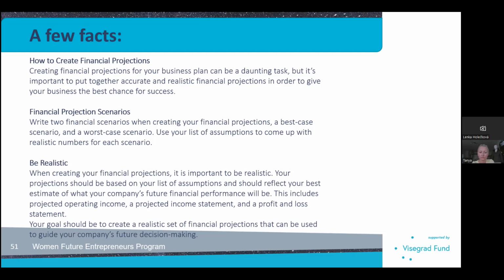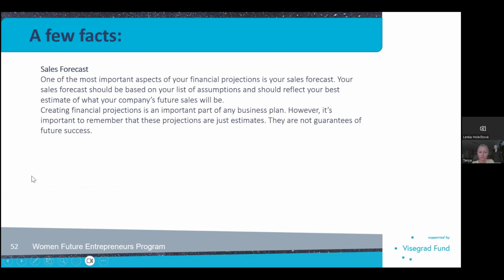So we should be realistic, but it's fine to think also about a pessimistic and an optimistic scenario. It is not easy to create an appropriate financial projection, but it's relatively useful for our investor or for our bank.